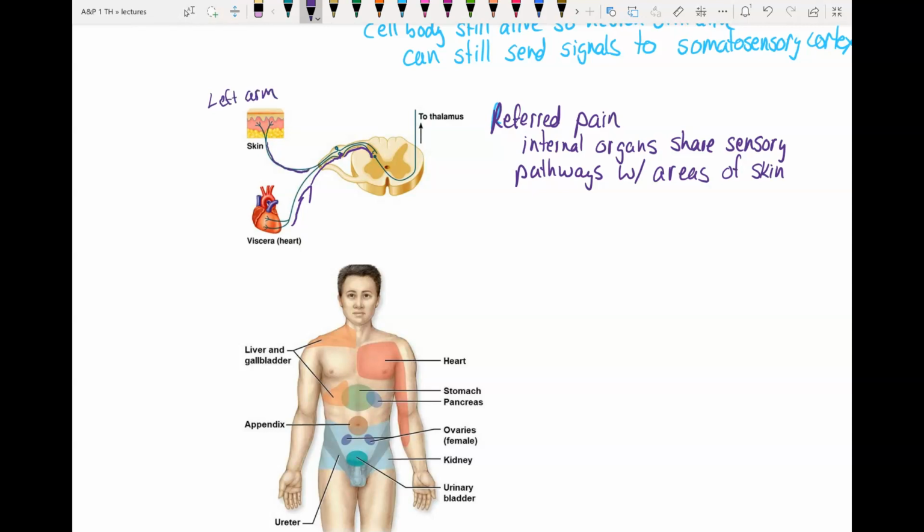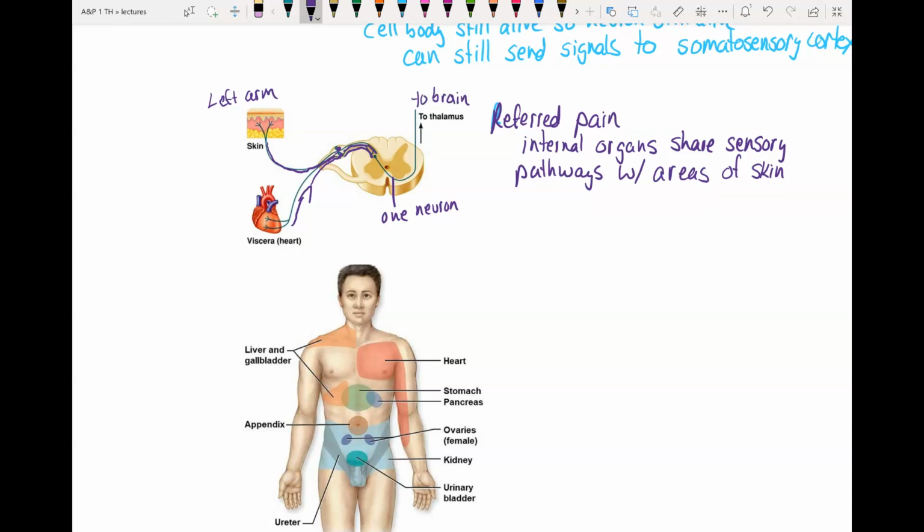Its axon comes in, goes into that same posterior root, has its cell body in that ganglion, goes into the posterior horn in the spine. Notice there's only one neuron here. They both synapse onto that same neuron, and this is the neuron that goes up to your brain.